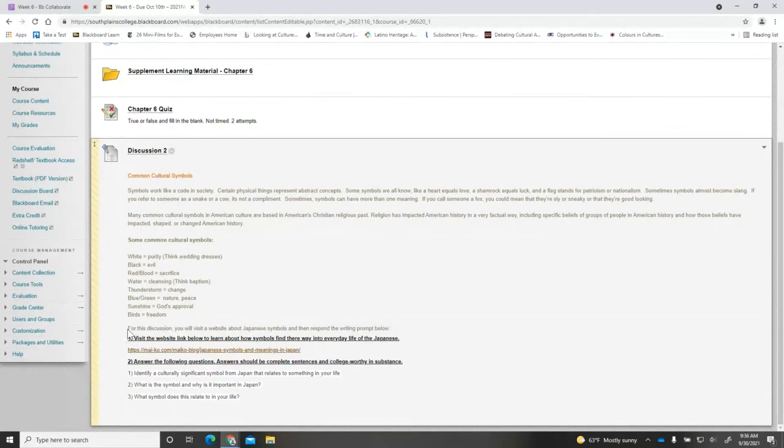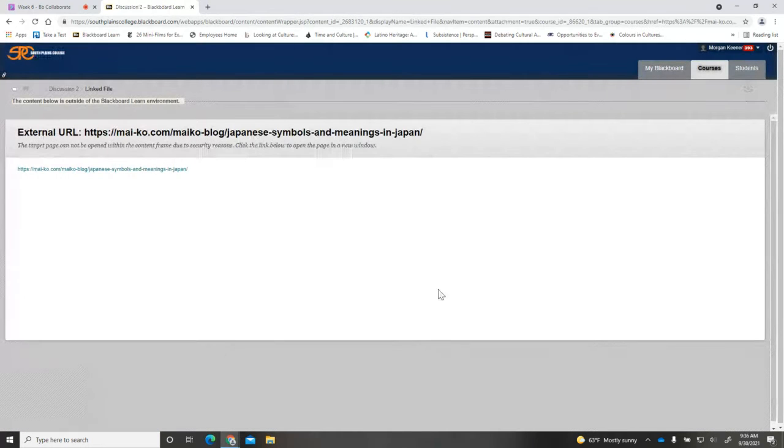But then what you're going to do is visit this website. So this is step 1, and it is about Japanese symbols and their meanings. Okay, so we're going to look at the Japanese culture for this discussion. So you click on it. It'll say this, and that's fine. Just keep going. Okay. It will load.